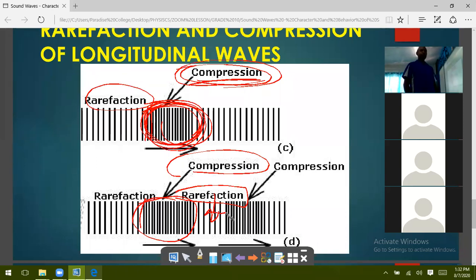Those are the two terms that you're going to come across in a longitudinal wave, and these are the two terms used to describe this wave pattern.